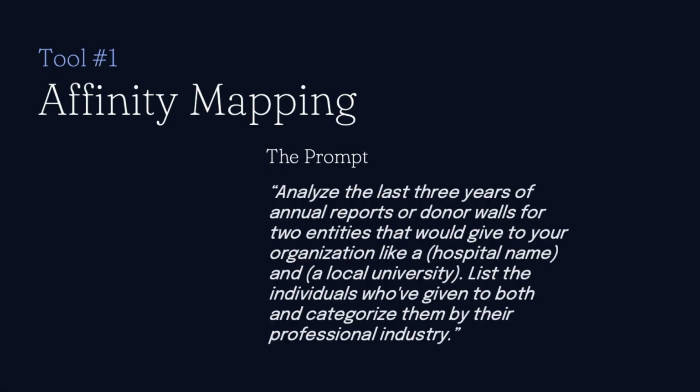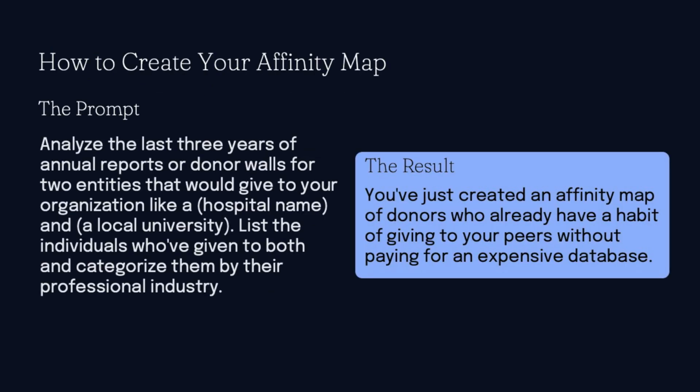List the individuals who've given to both and categorize them by their professional industry. The result? You've just created an affinity map of donors who already have a habit of giving to your peers without paying for an expensive database.